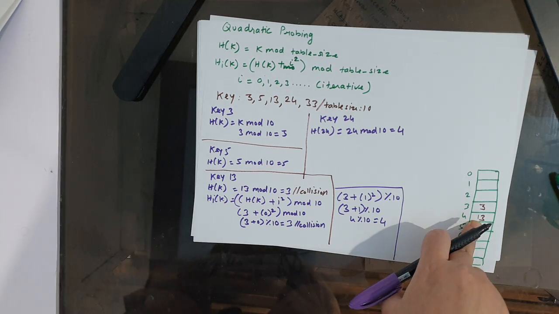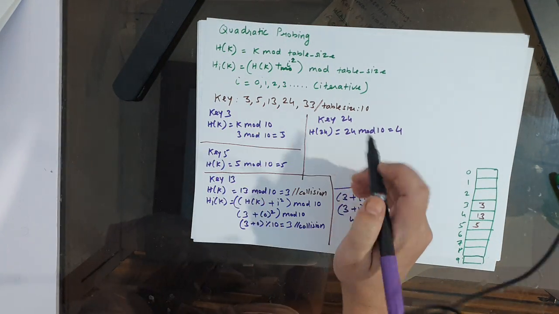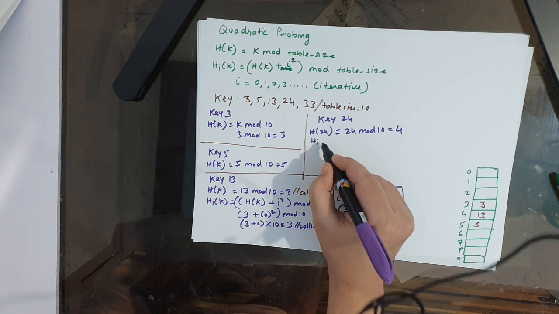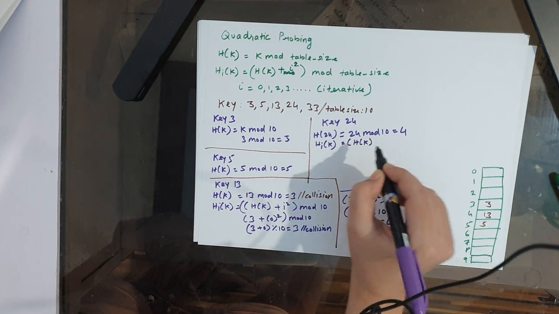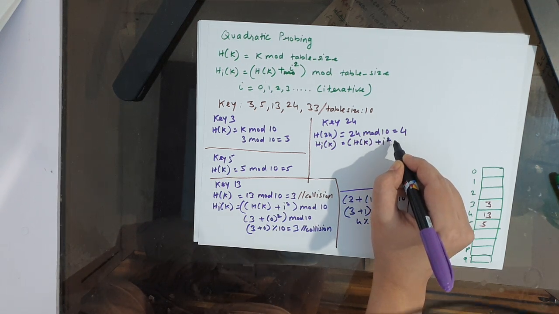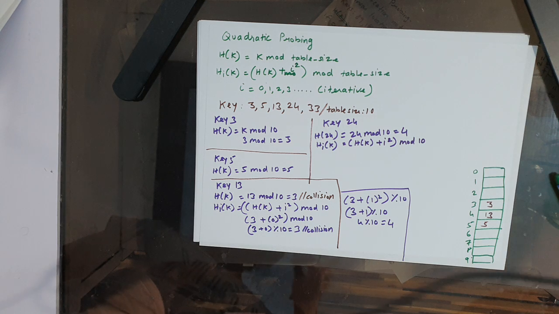So we have to again apply the quadratic hash function, h(k) plus i square, mod the size of the table, that is 10.